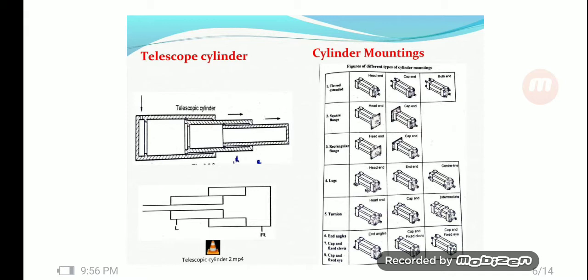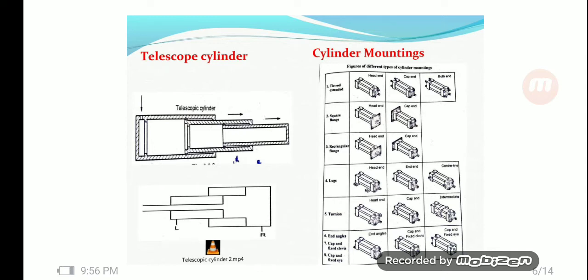That means in sequence, one part is released, after that the second. So it gets narrowed and the stroke length we get is large or lengthy. The diagram below shows the telescopic cylinder symbol.